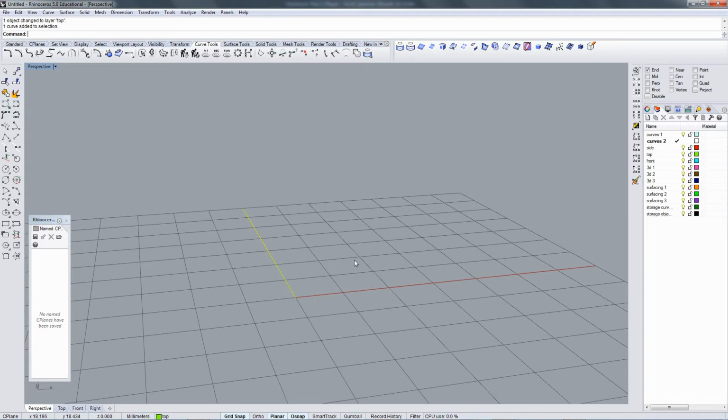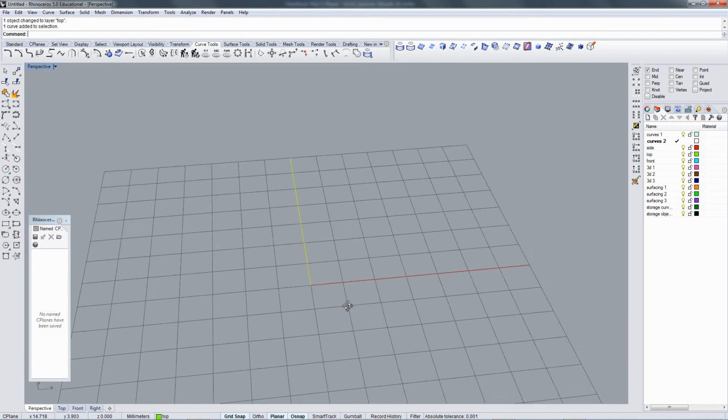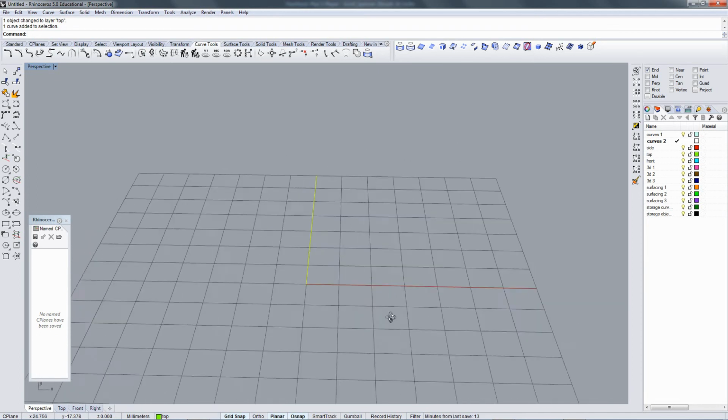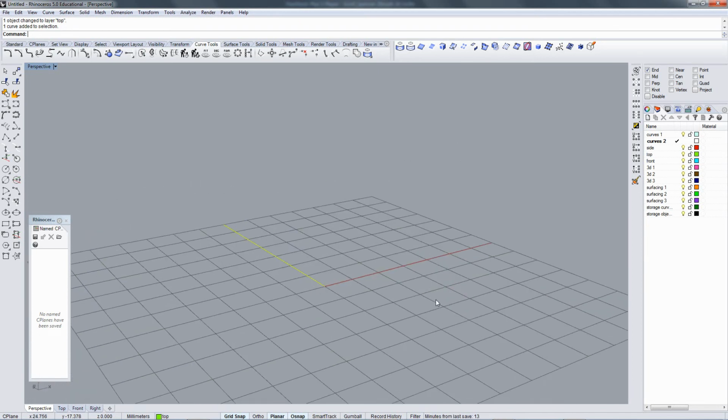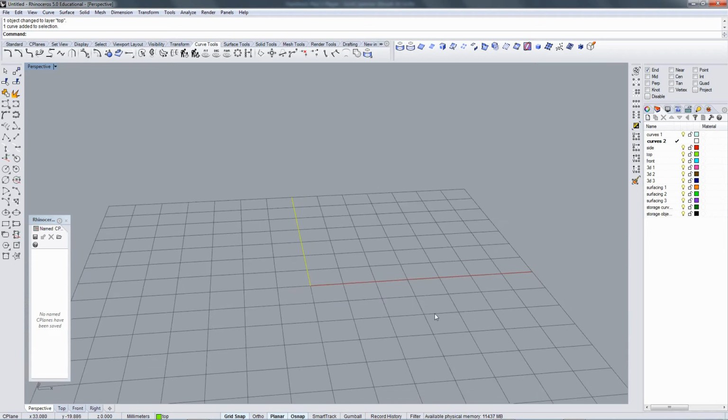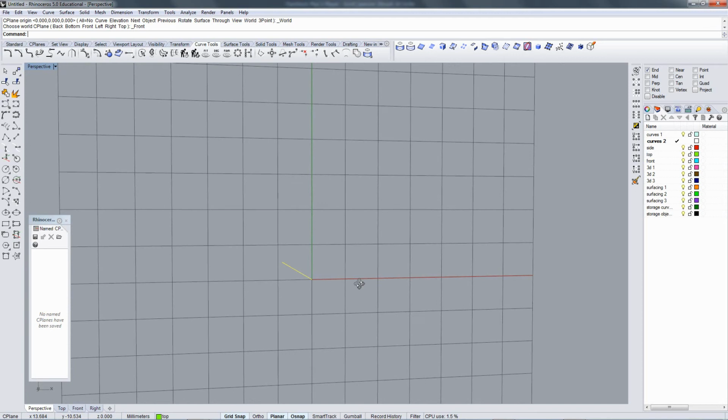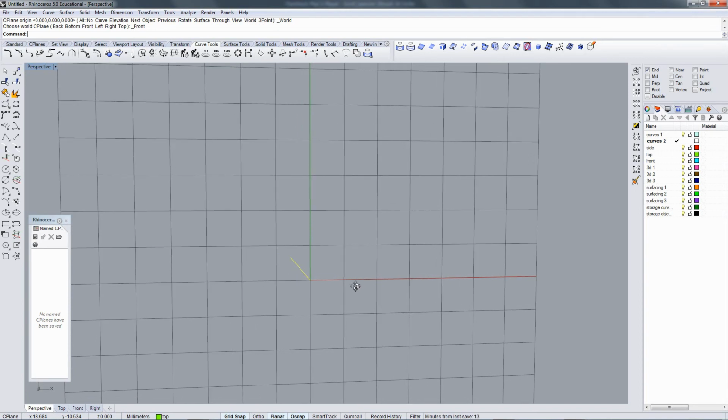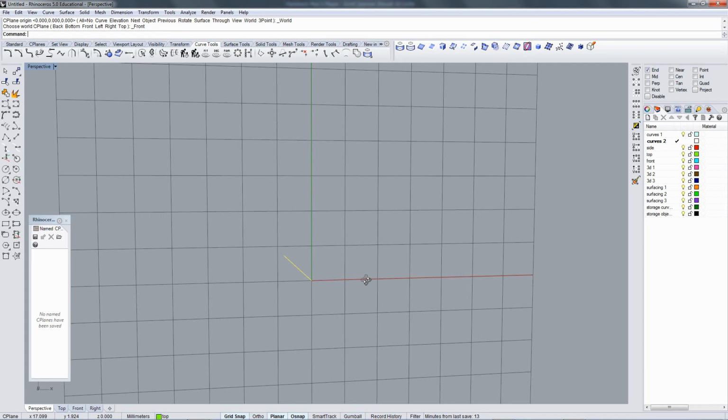Okay? So, in the top C-plane, thinking in global coordinates, we have access to X and Y. In the front C-plane, thinking in global coordinates, we have access to Z and X.